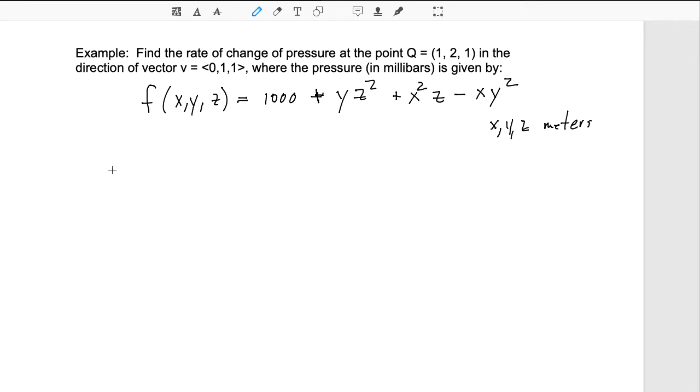All right, so let's go through some steps. One, let's calculate the gradient of f. Of course we take the partial derivative with respect to x, so the 1,000 is gone, there's nothing here, and then with x we have 2xz, and this has an x, so we have minus y squared.